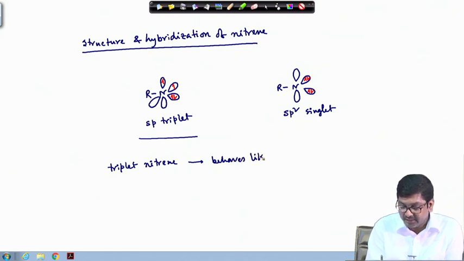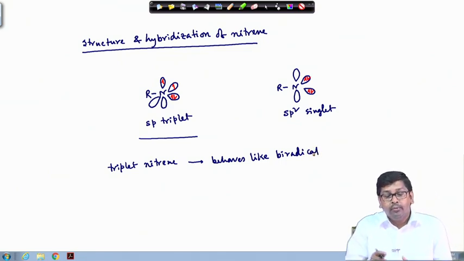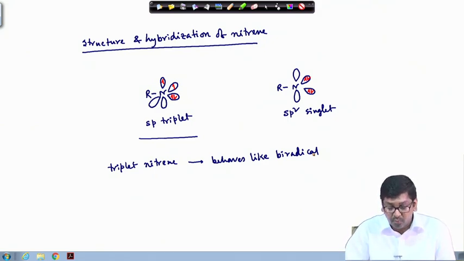We have seen in case of carbene also, where it is triplet carbene, that time also we have mentioned that triplet carbene also acts like a biradical. Here also this triplet nitrene can behave like a biradical, as there are unpaired electrons.